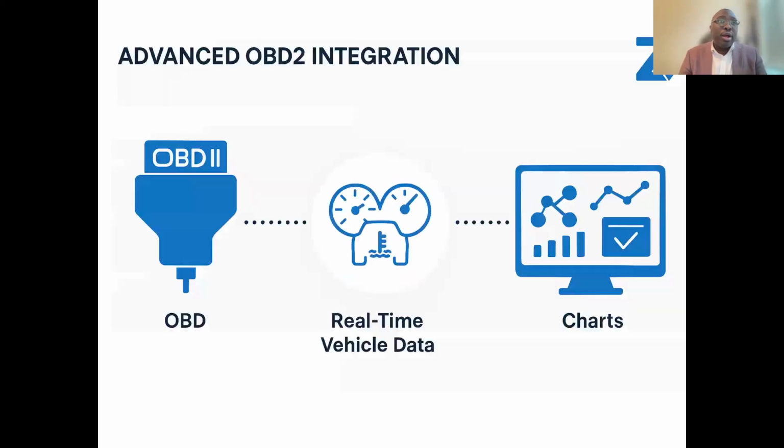So we're going to move on. This is a very simplified form of what happens, right? You have the OBD2 device on the left hand, and at the center you have the real-time vehicle data, like I mentioned earlier, the fuel level, the engine load, the speed of the vehicle, and all forms of data that are important to help you run your vehicle in a very efficient manner, and also in a cost efficient manner as well, right?